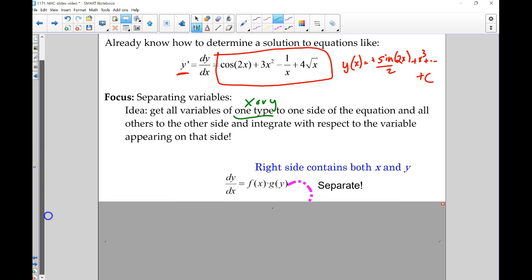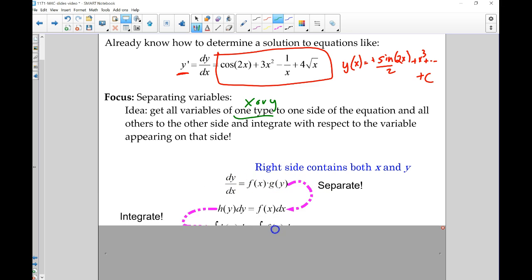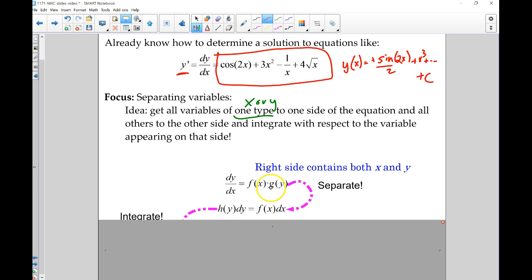So just heuristically, what we're going to see is we're going to be given something like this, and separate it out so that everything that contains y is on one side. I switched to h because what we would have to do here is divide by g of y, and I'm just representing that 1 over g of y as h. And then simultaneously I would have to multiply by the differential dx, and then I get this statement.